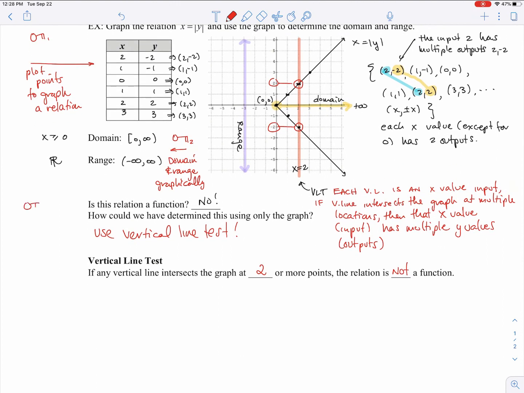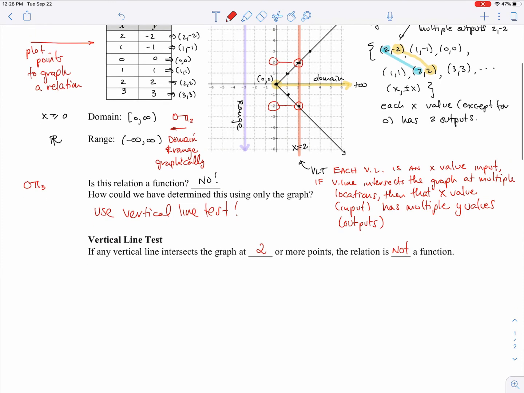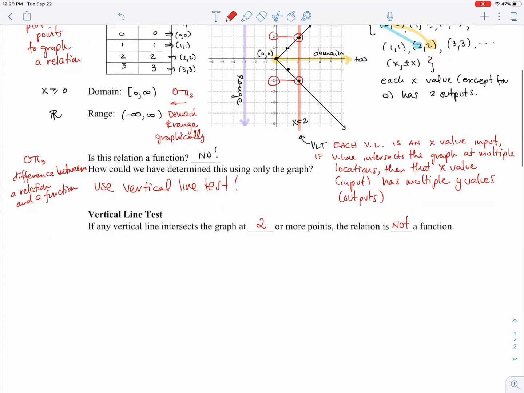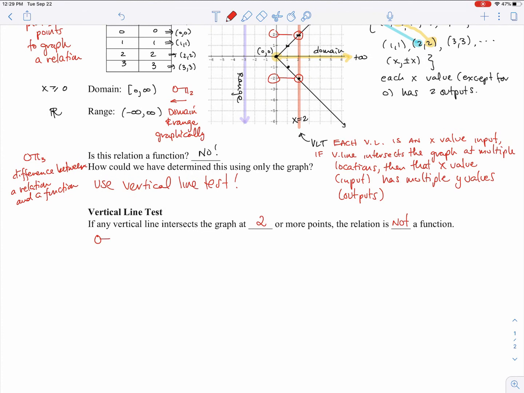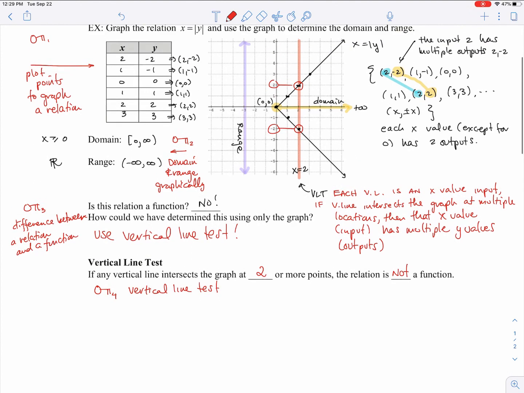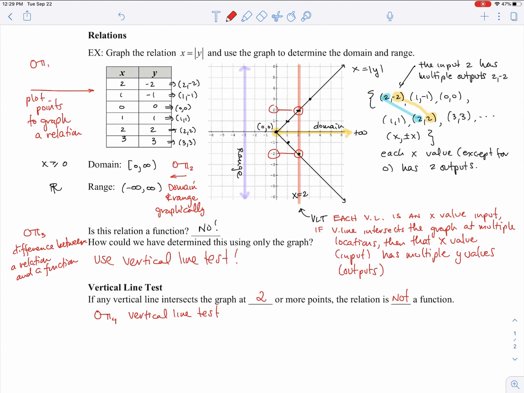Key number 3, the difference between a relation and a function. Key number 4, the vertical line test, and know how to use that. Those are the keys that you want to come away with here. Okay? Practice, practice, practice.